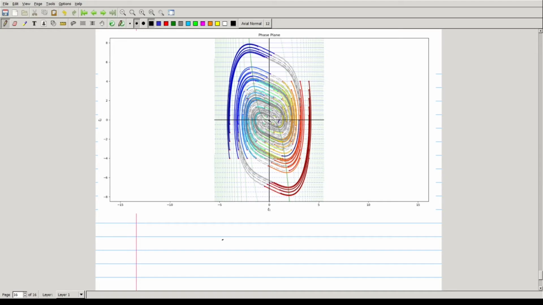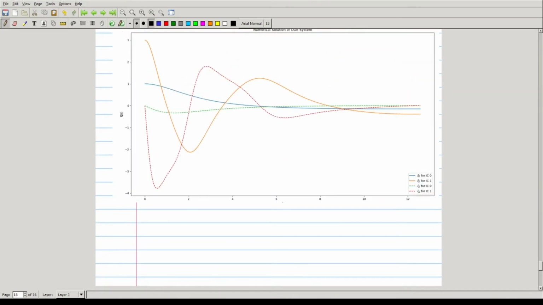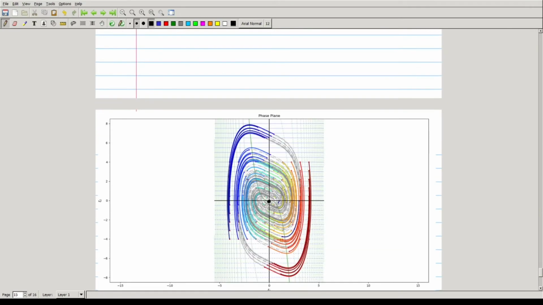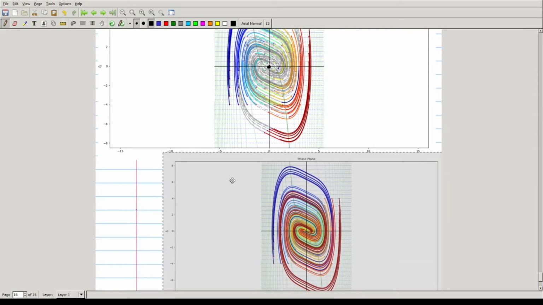But it's much different from the previous picture in terms of how this is progressing. So you're still getting this decay, but you're getting it in a very nonlinear manner.